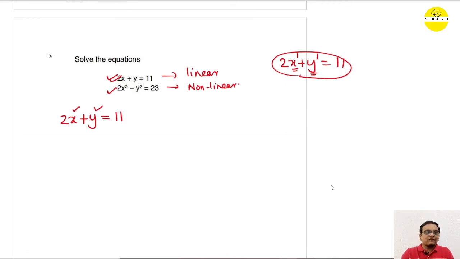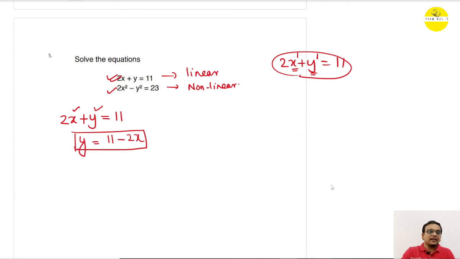From that linear equation, rearrange it and make x or y the subject. For this case, I'm taking y as the subject, and my equation will be 11 minus 2x. Everybody understood?